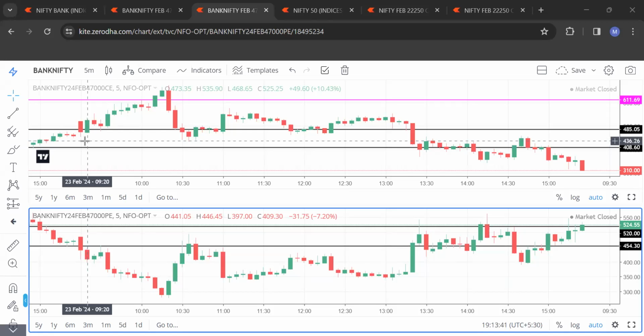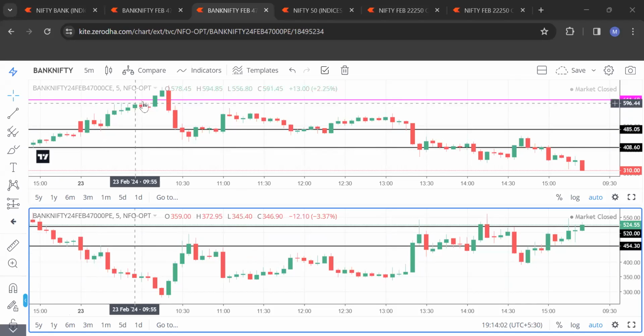Now there is one more thing we can learn. When the opposite candle is not that big, then the price tends to come back to the level. And if the opposite candle also fulfils the condition, then probably this will go straight up.